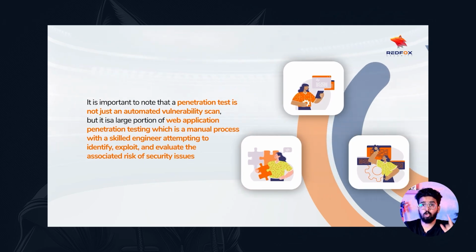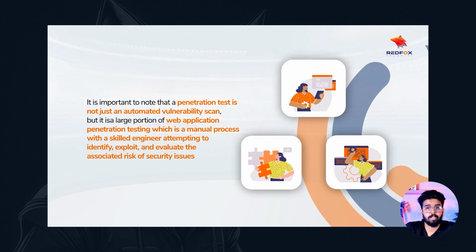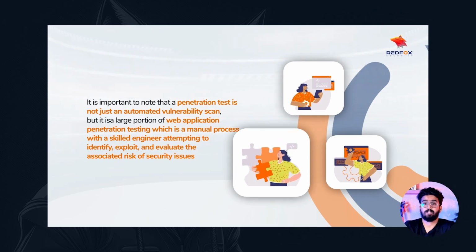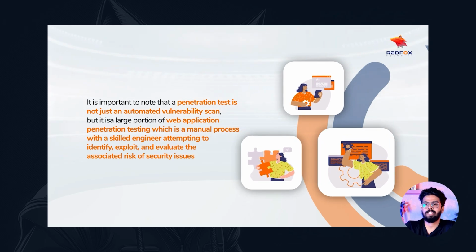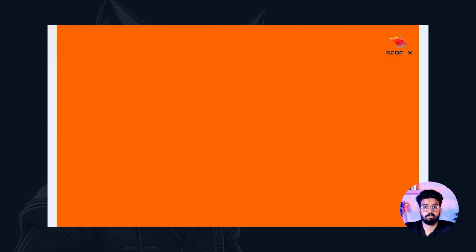It is important to note that a penetration test is not just an automated vulnerability scan. A large portion of web application penetration testing is a manual process, with a skilled engineer attempting to identify, exploit, and evaluate the associated risk of security issues.